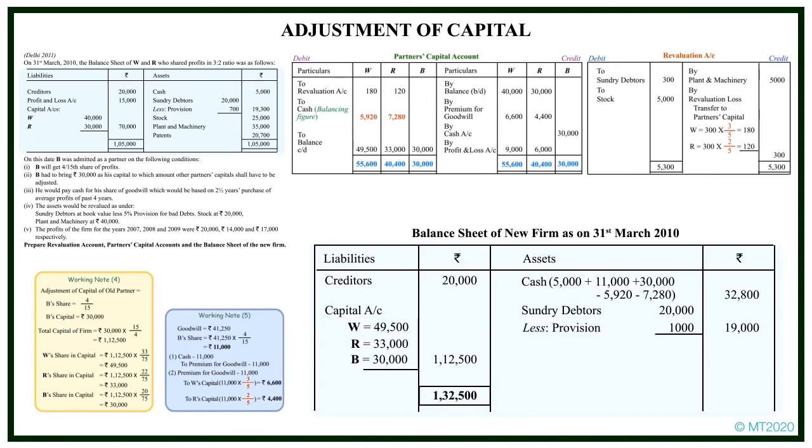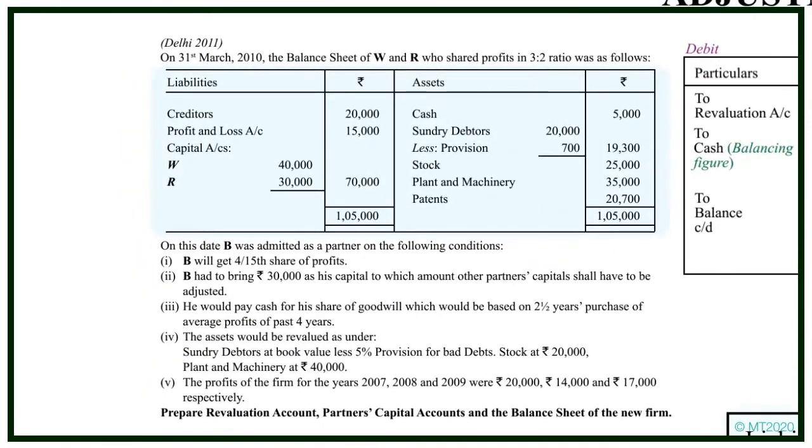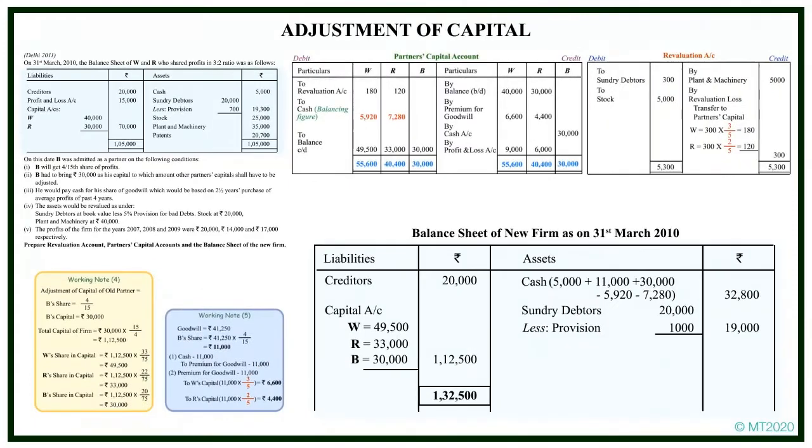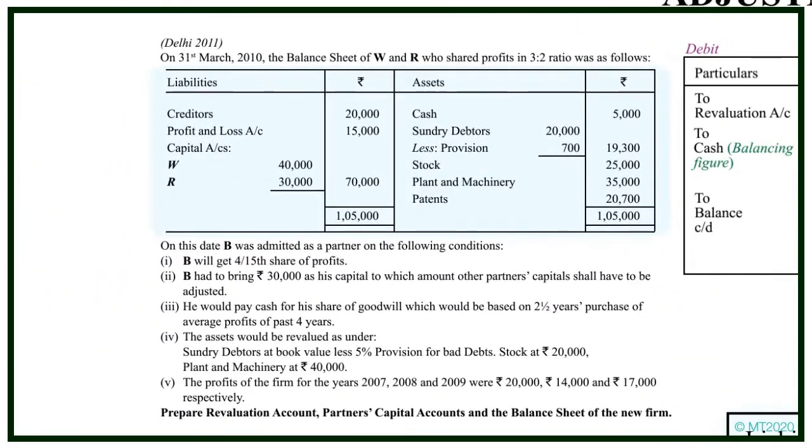The third item appearing in the balance sheet in our question is stock, 25,000, but the value of stock as per the additional information got changed. Stock on revaluation was found to be 20,000 on admission of the partner P. Thus, we will show stock at rupees 20,000. The fourth item is plant and machinery in our question, which is equal to 35,000. And again, point number 4 of additional information states that plant and machinery's new value is 40,000.